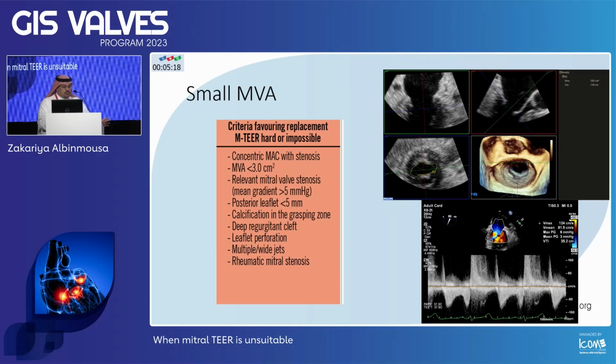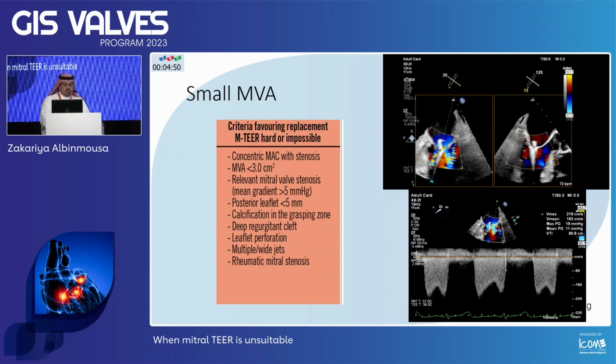So, as we said just now, a smaller mitral valve area also might limit the intervention because you are reducing the mitral valve area by 50% post-TEER, and the cut limit of 3 to start with might be reasonable. We have done something like 3.5 with acceptable result, but you have to select your patient carefully.